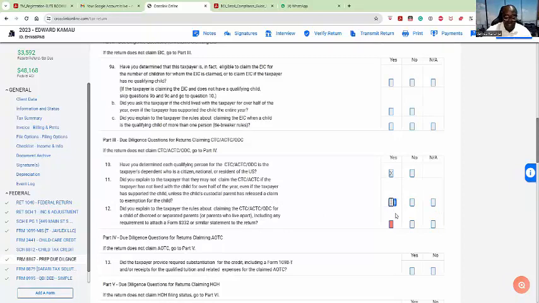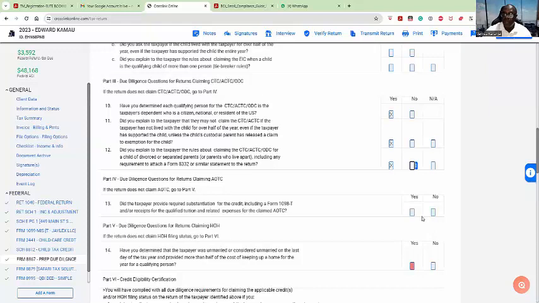So they can't claim a child if they didn't live with the child. Did you explain to the taxpayer the rules about claiming the CTC, ACTC, ODC for a child of divorced or separated parents or parents who live apart, including any requirement to attach a Form 8332 or similar statement?